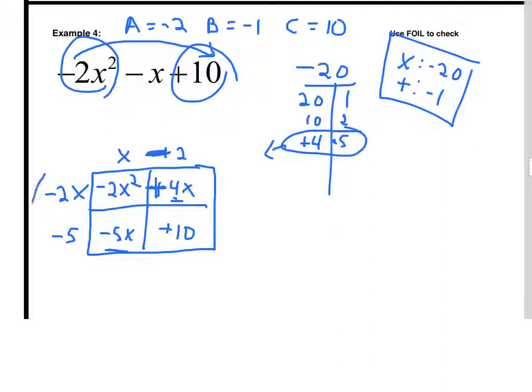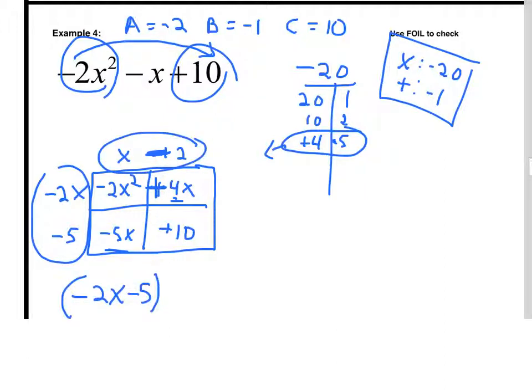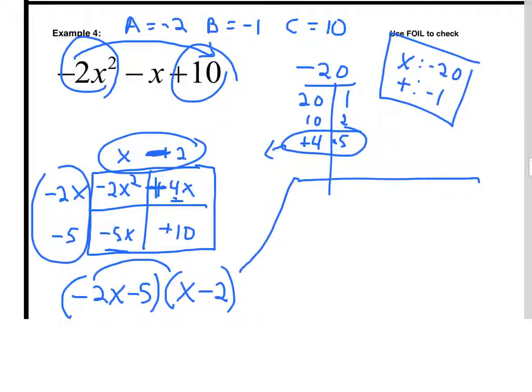Our answers are going to be negative 2x minus 5. And then this would be x minus 2. So let's verify using FOIL that this works. Negative 2x times x gives me negative 2x squared.